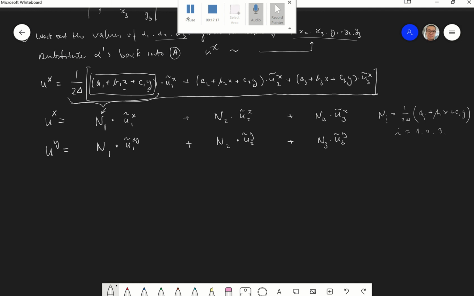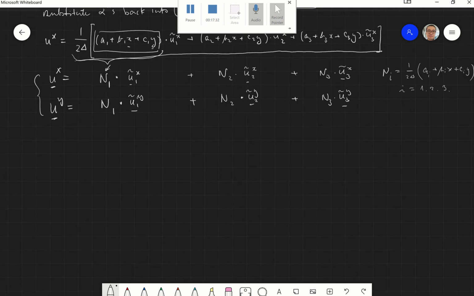So now we have two equations that relate ux, uy to u1x tilde, u1y tilde, and so forth. So what do we actually have?